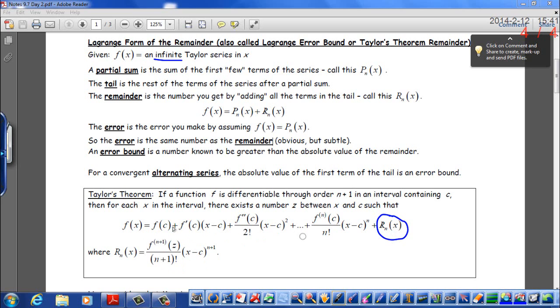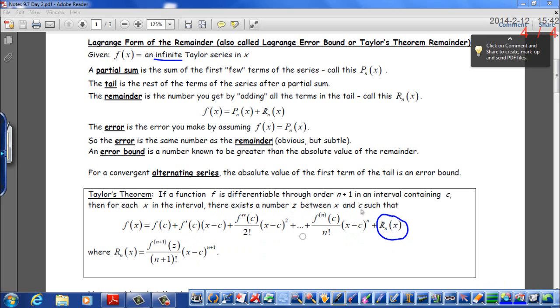And what this means, this f of n plus 1, that means like the next derivative. Like f prime is the first derivative, f double prime is the second derivative, f to the n is the nth derivative. So this is the next derivative at some number z divided by n plus 1 times x minus c to the n plus 1. That is the value of all of the remaining terms. And z is some number that's between x and c.